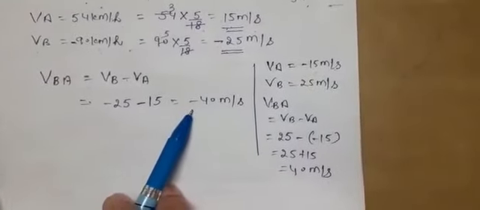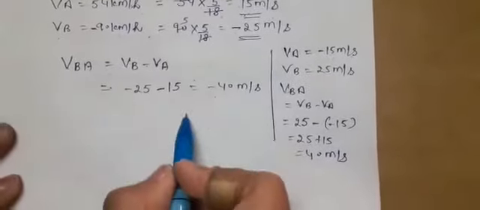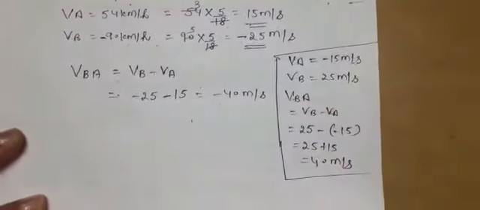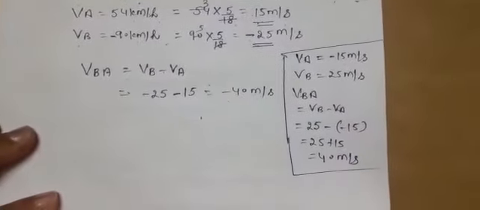So what does this negative sign indicate? I am going as per this convention because I have started as per this. This is for your understanding. You can proceed like this also. It will not make anything wrong.